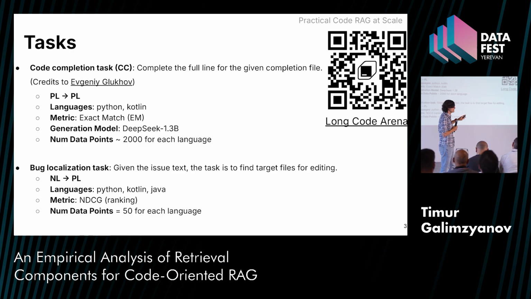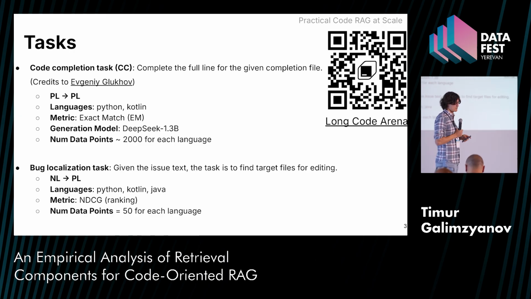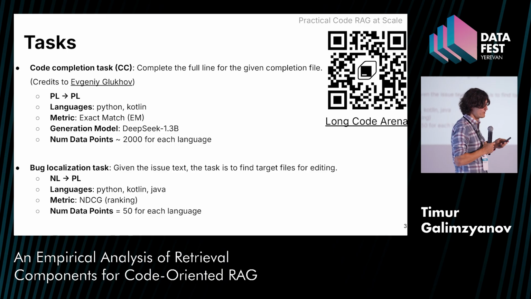I didn't put the link, but you can find it in the paper. It contains six datasets for benchmarking models, LLMs, on the large context of repositories. So we use the code completion and bug localization tasks.